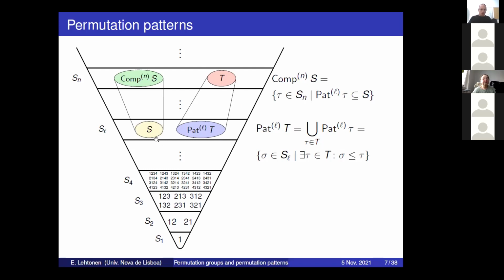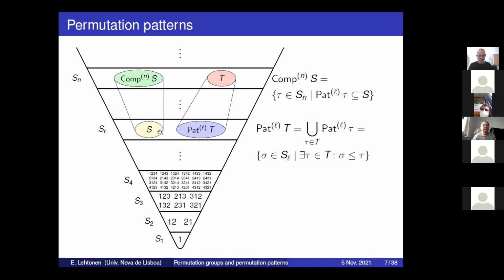We could go in the opposite direction. We could start with a subset of S_L, a set S of permutations of rank L, and then we could go up to the N permutations.